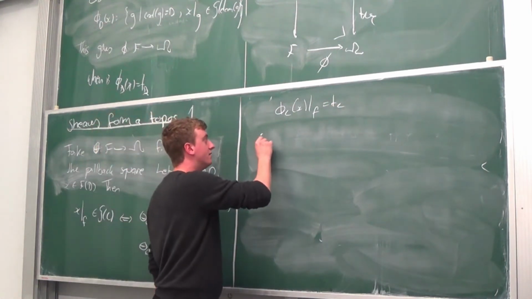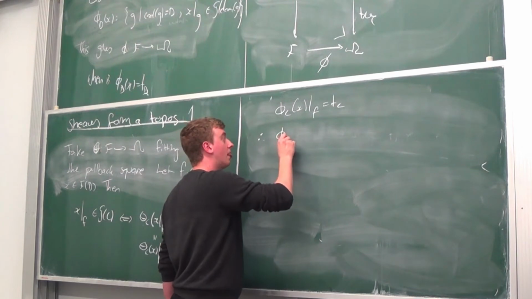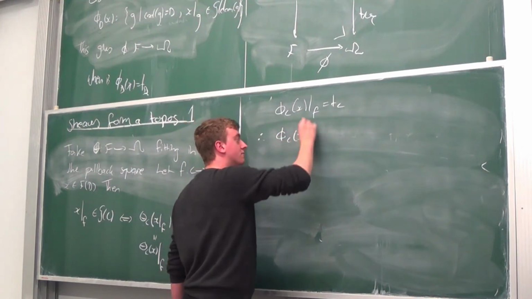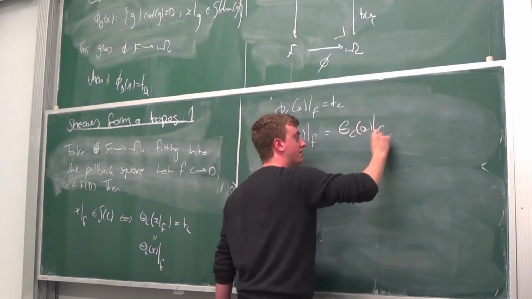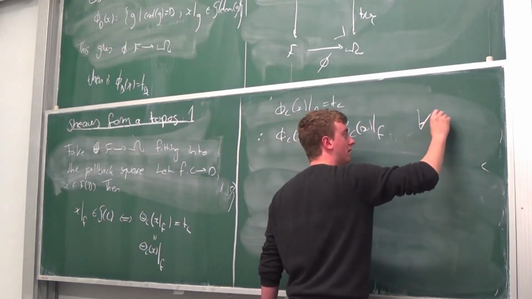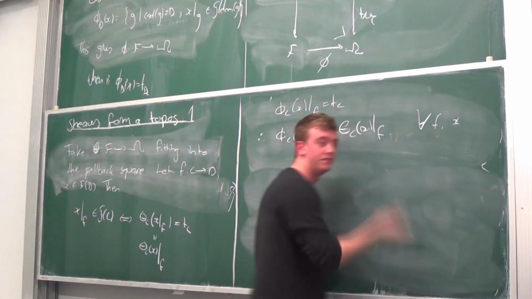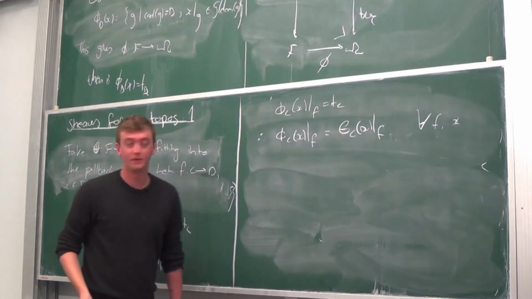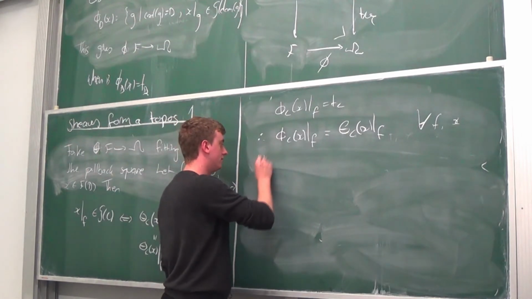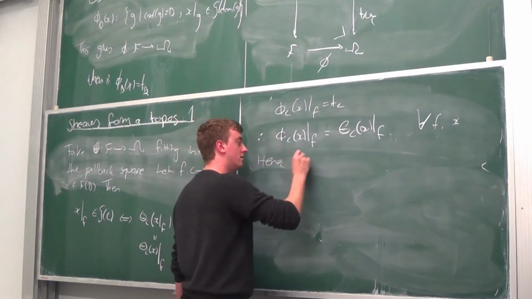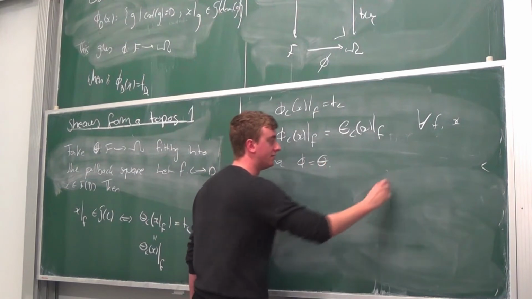So this means that phi c of x restricted along f is equal to theta c x restricted along f for all f, x as above. But because this holds in this generality, this just means that phi is equal to theta.